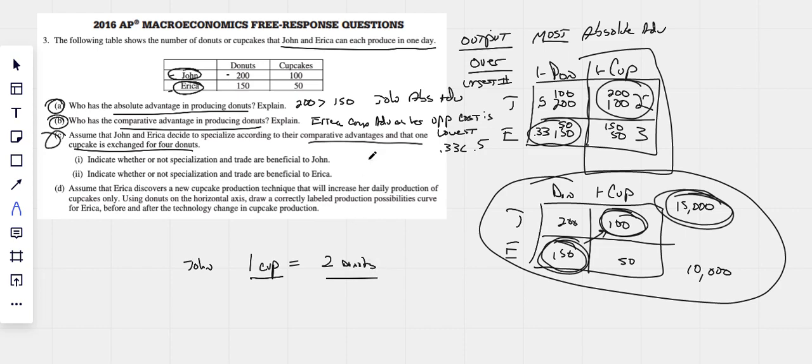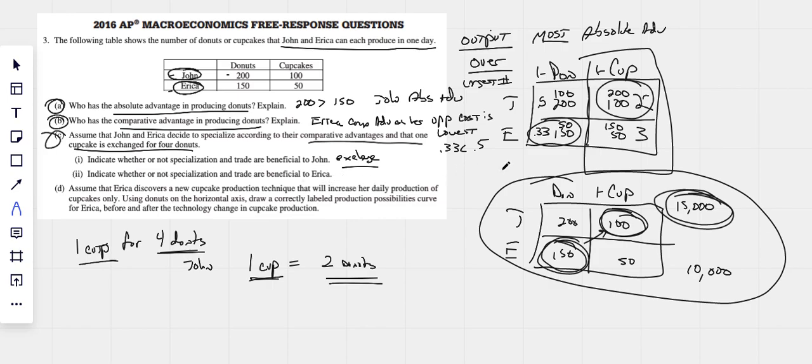If he would trade one cupcake for 4 donuts, think about that. It costs him 2 donuts to make one cupcake. If he could get 4 donuts for one cupcake, is he better off? Yeah, he's got to be better off. So John would choose to trade.